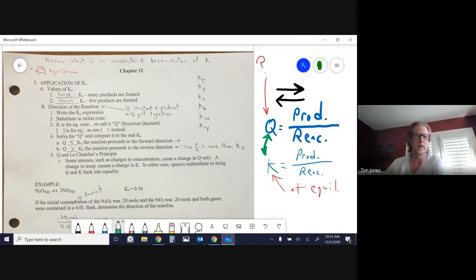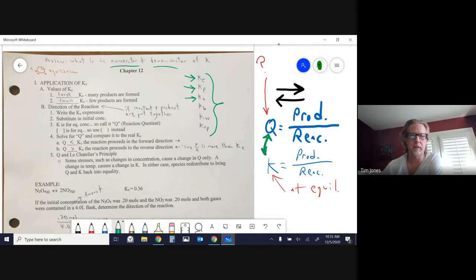Okay. So up here I say what's in the numerator and denominator is always products over reactants. If you're at equilibrium, you can see I have a variety of different K versions. This top one here, Kc just means it's concentration, which would typically be molarity. Kp would be pressure, which you would use for gases.